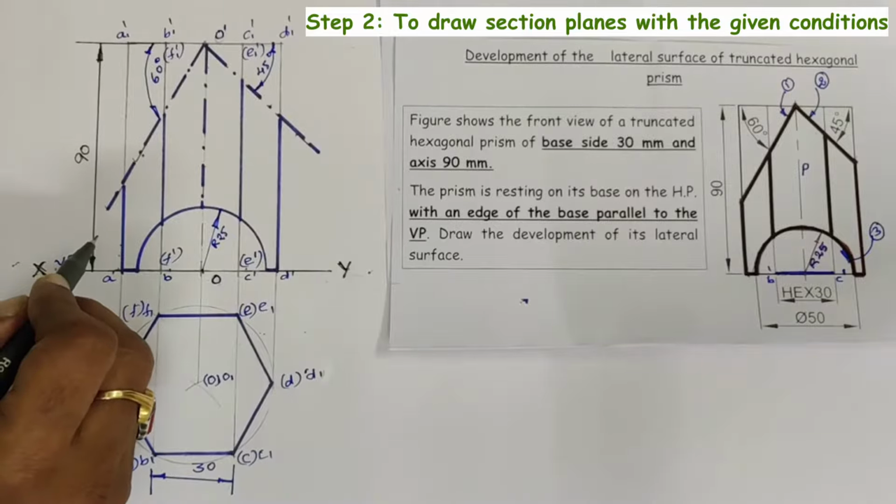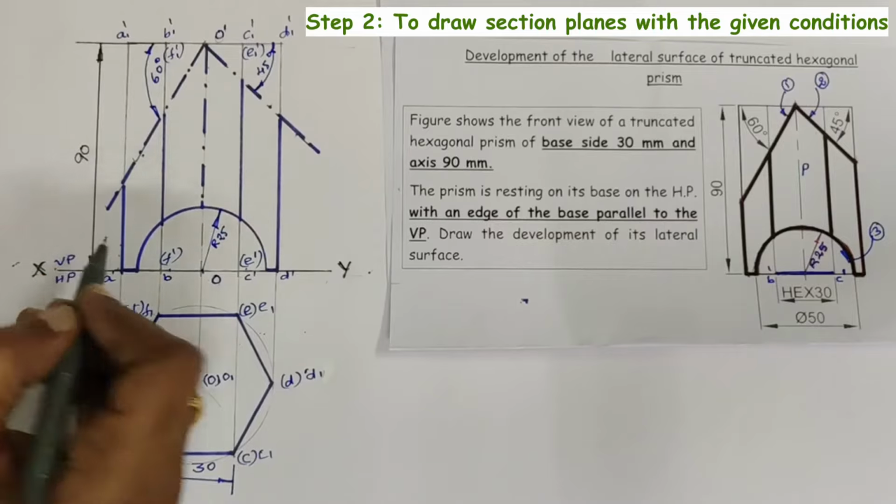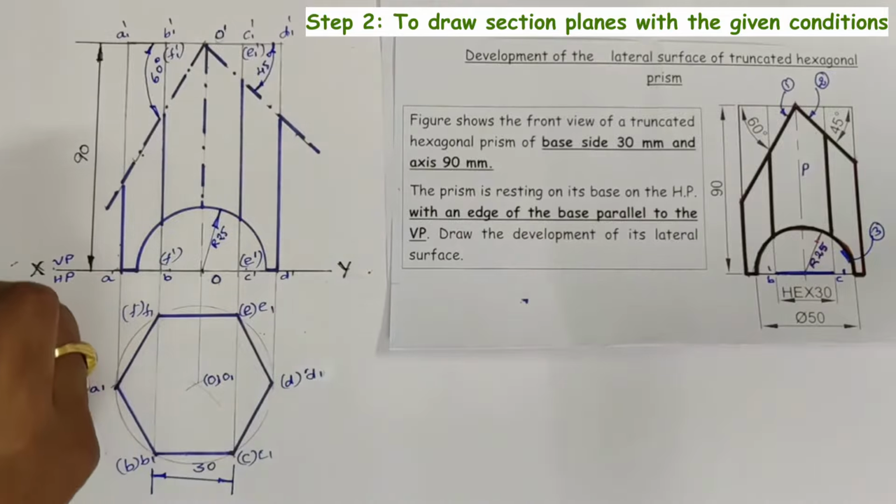Then we will move towards locating the intersection points of the section plane lines with the face edges as well as base edges of a hexagonal prism in front view.